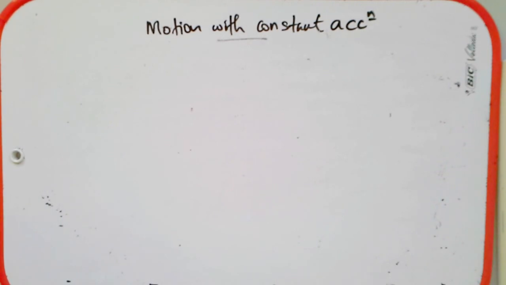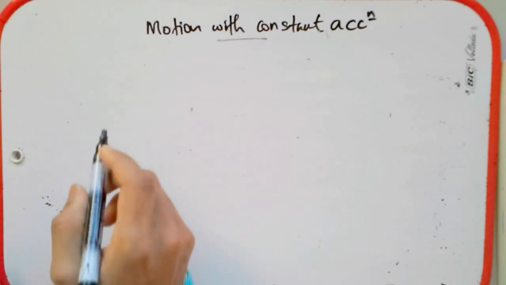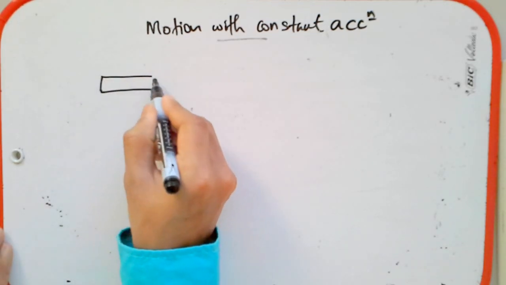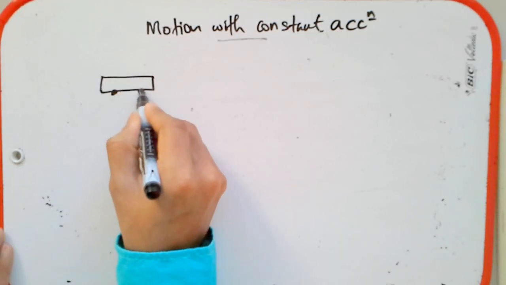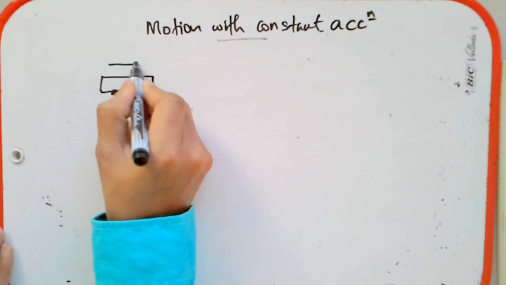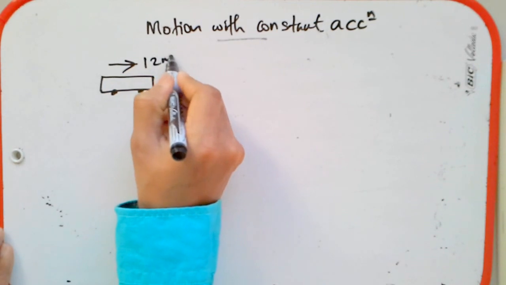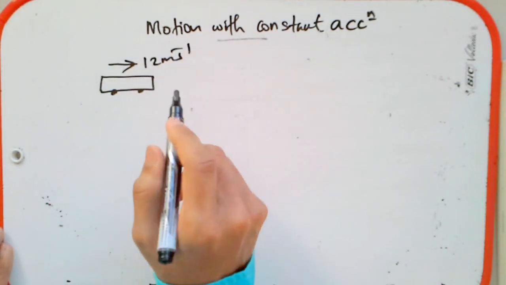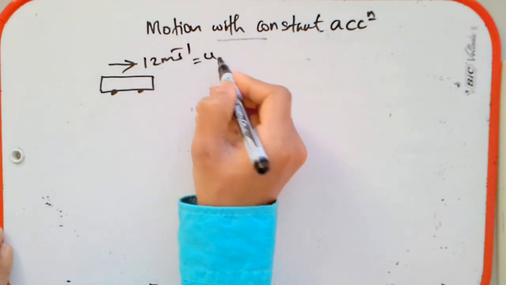So the next question is, there is a car that is already moving at 12 meters per second. Meaning this is our initial speed, 12 meters per second. I'll say this is our u.